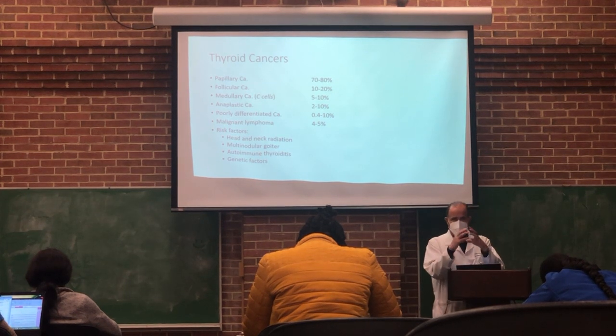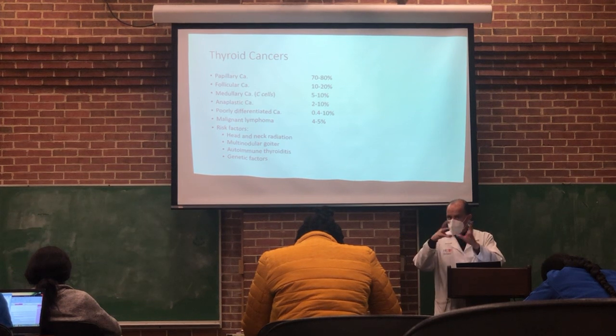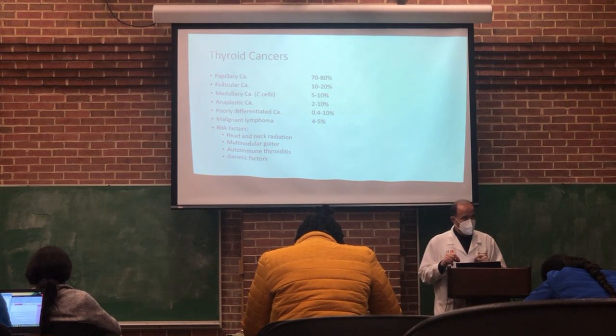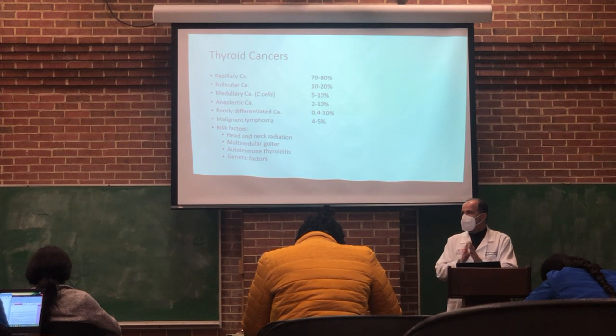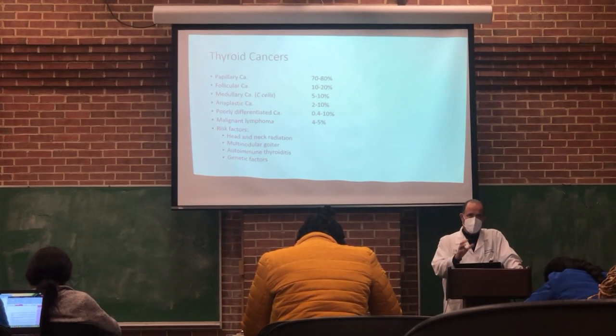If that tumor, you see it in the capsule of the thyroid, or you see it in the neighboring lymph nodes, or in the blood, then you know it is follicular carcinoma. But if it is confined to the thyroid, it is follicular adenoma. So this is the second thing that I want you to know about thyroid tumors.